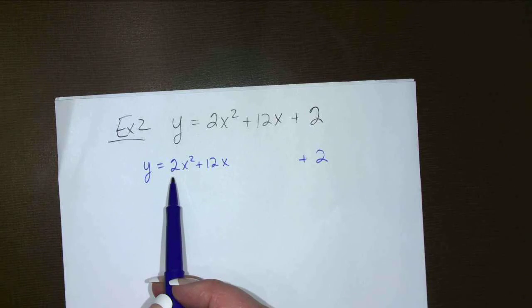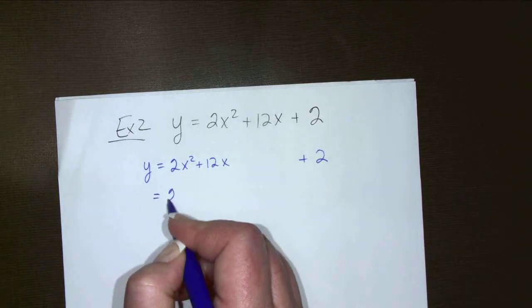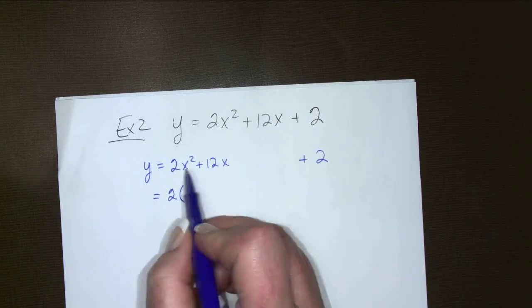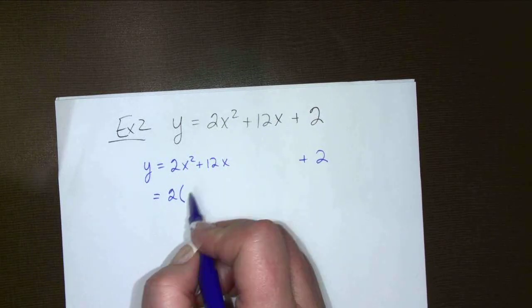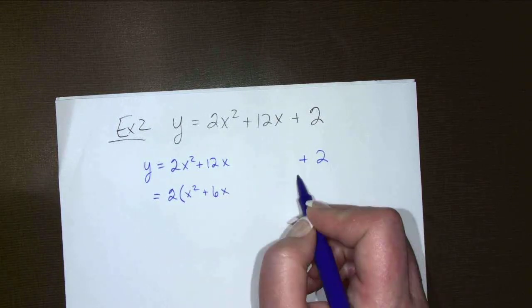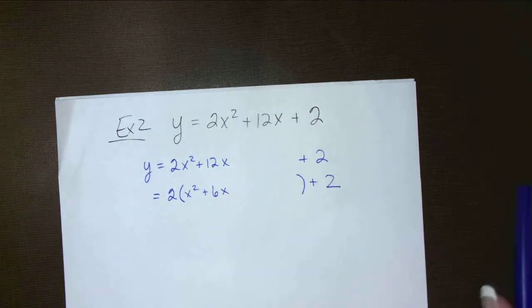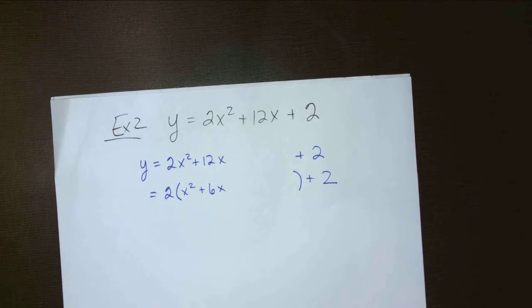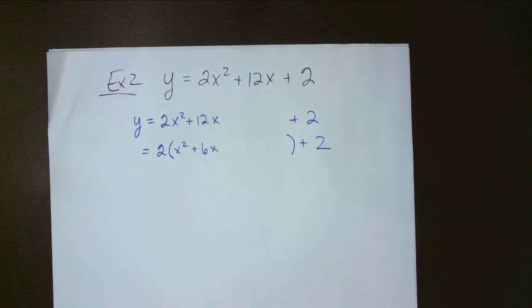So there's one more step in step 1 when you rewrite. We're going to factor out the 2. So if we factor out the 2, what do we get here? X squared, factor out the 2, 12 divided by 2, 6. And that 2, you don't need to factor it out of that. And sometimes it won't even factor out. Okay, so I want you to look at this. Do you see what I did?